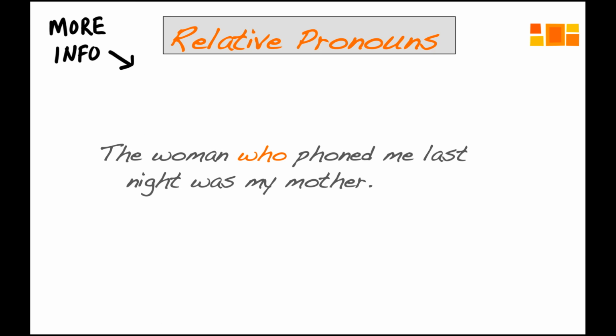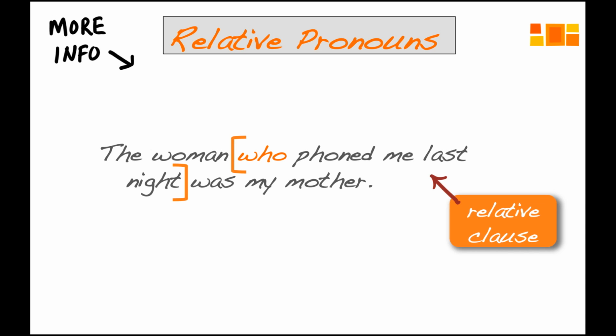What function do relative pronouns have in the relative clause? Here's your sentence. The woman who phoned me last night was my mother. Now the who phoned me last night is your relative clause, and you see right away that it's tucked nicely into the middle of my main clause. The woman was my mother is my main clause.